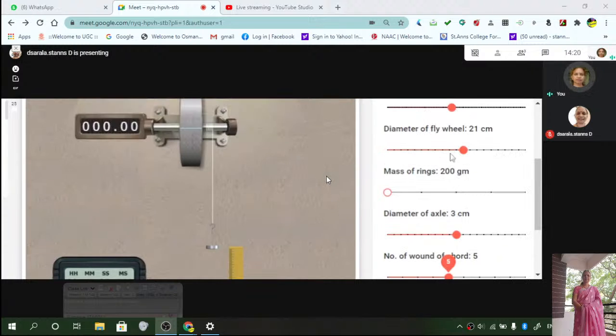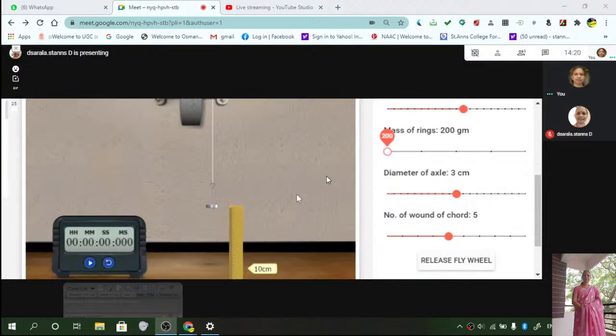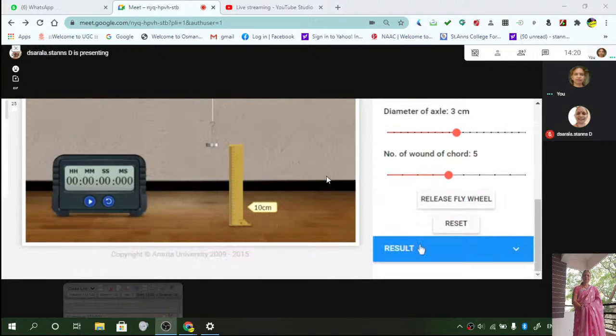You can repeat this experiment for different masses. Each weight hanger is 200. So when you add 2, it becomes 400. Then this is 600, 800, this is 1000. So fix it at a particular value and then release the flywheel.